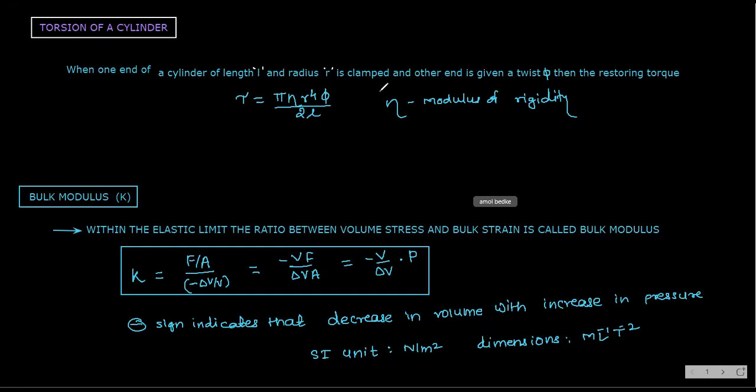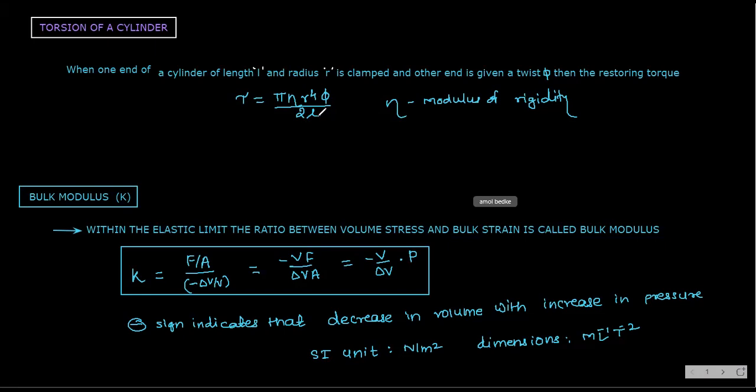Same as the previous note point where we twisted a rod, if we twist the cylinder, what is the restoring torque we get? That is pi eta r power 4 phi by 2L.